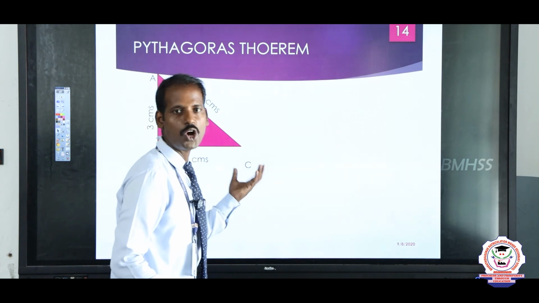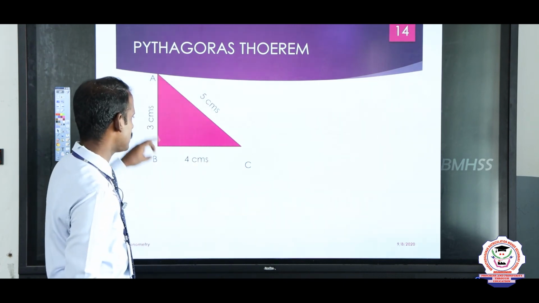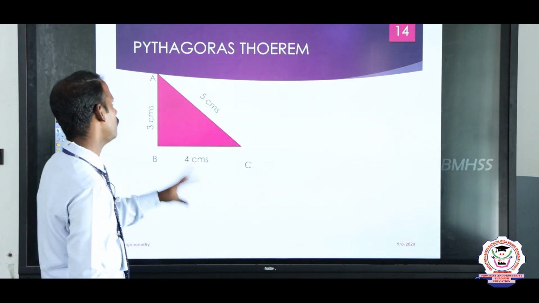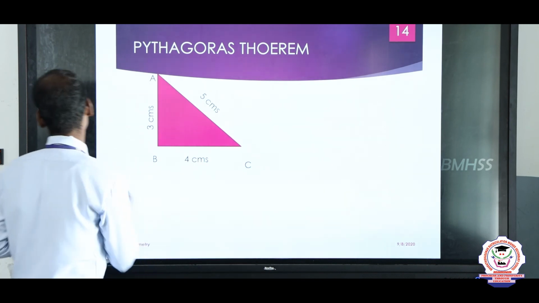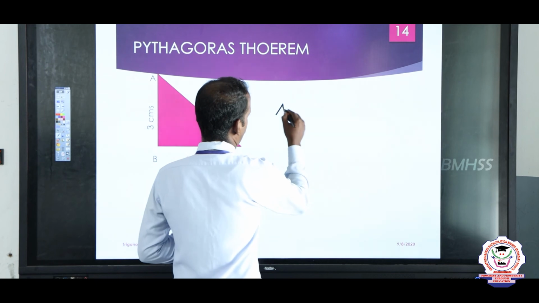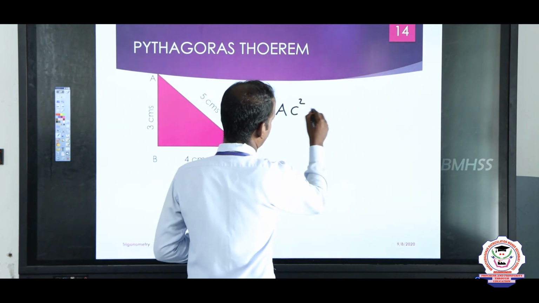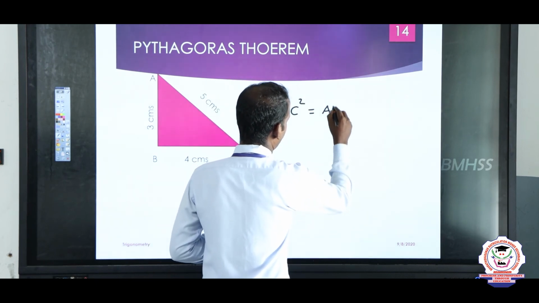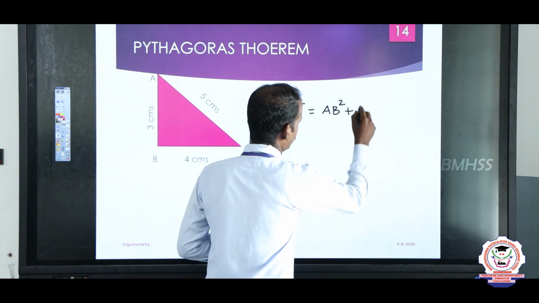Now the Pythagoras theorem with the same concept, 3 cm, 4 cm, 5 cm. You have to verify the Pythagoras theorem. AC square equals AB square plus BC square.